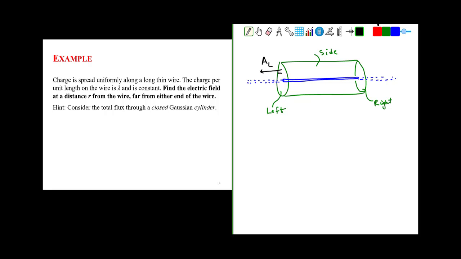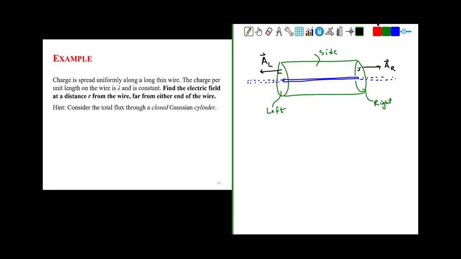Now you might be wondering, well, why do we need the area? Because Gauss's law involves an electric field and an area differential. Knowing the relationship between the electric field and the area vectors is crucial for being able to solve this problem. So the area of the right cap I'm drawing to the right, and I'll just put vectors here to remind myself that these are area vectors.